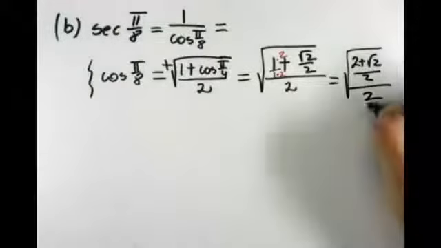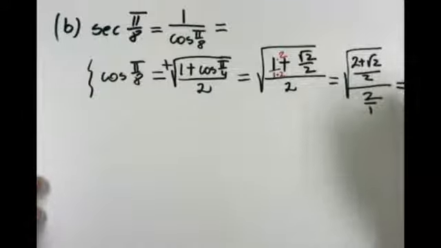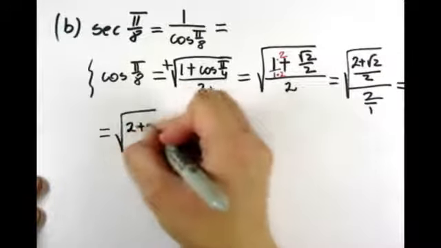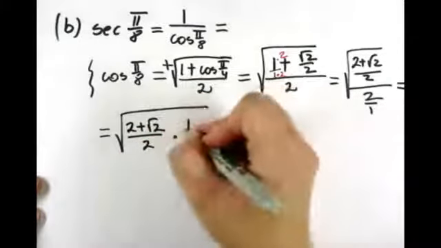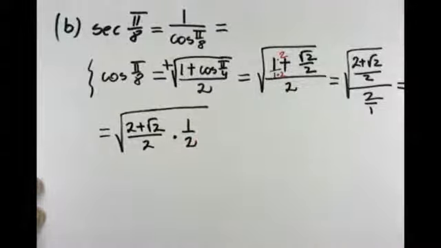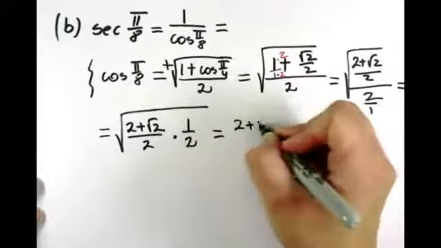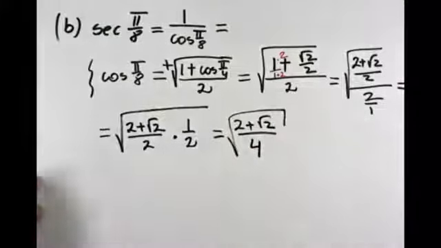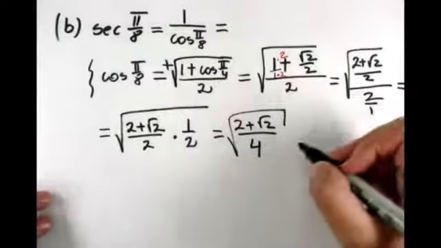The 2 is like over 1. To divide by a fraction means multiply by its reciprocal. So this is equal to 2 plus root 2 over 2 times 1 over 2. And this gives me 2 plus root 2 over 4, under the square root. And we can rewrite this in a different form.